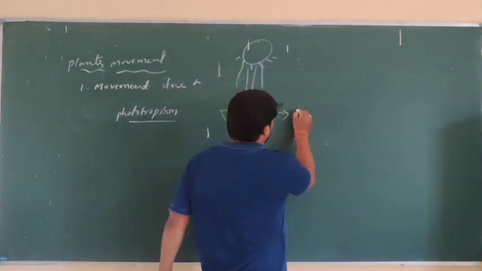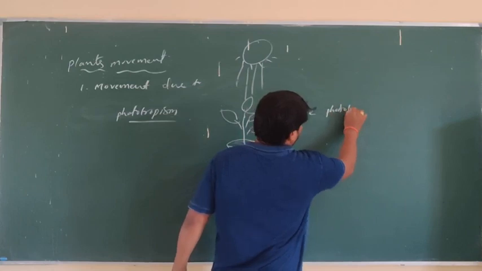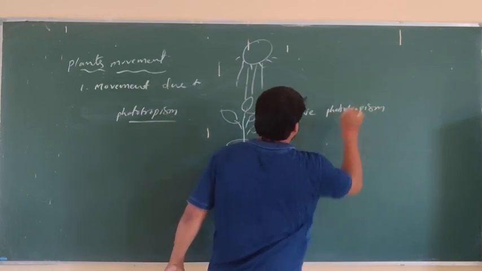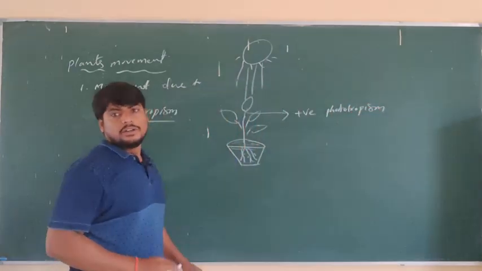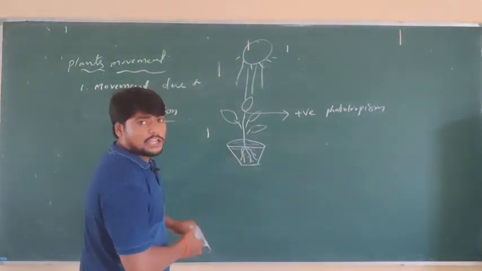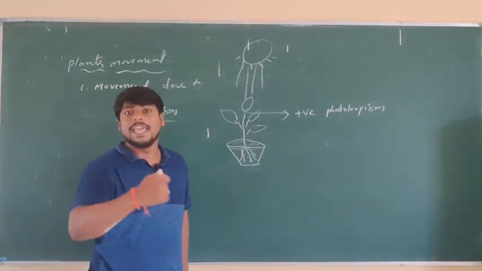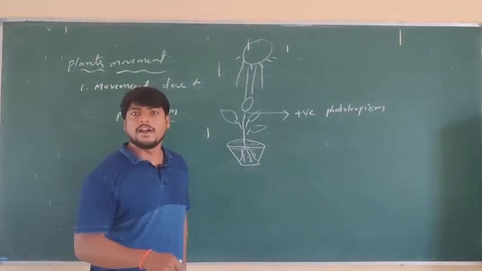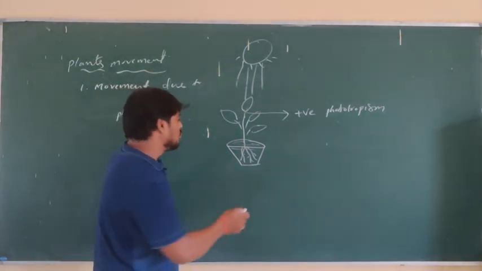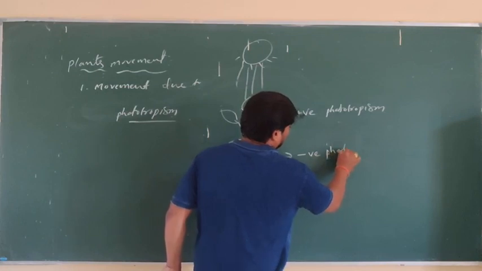The shoot is showing positive phototropism. At the same time, the roots are not going towards the sunlight. They are going away from the sunlight. So what has occurred? Negative phototropism. The root is showing negative phototropism.